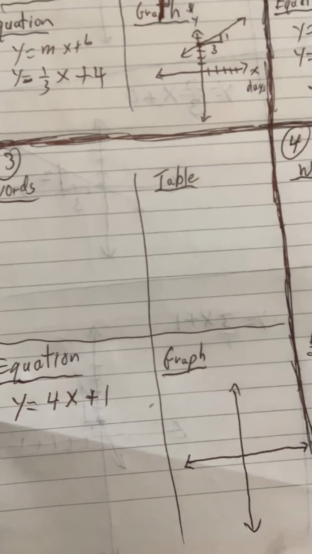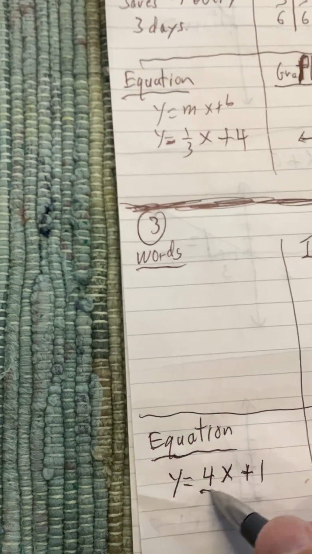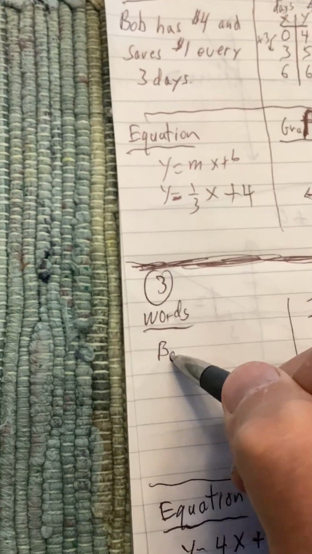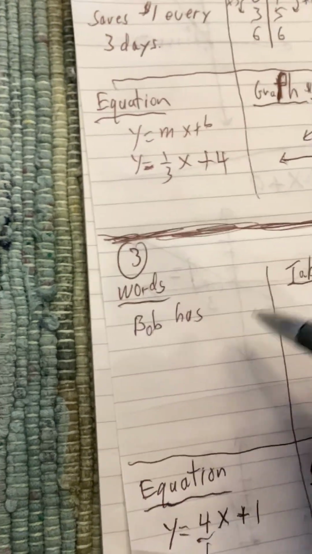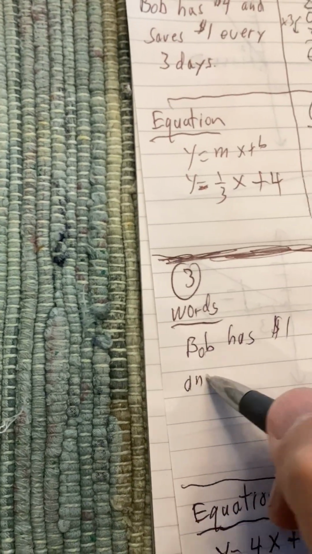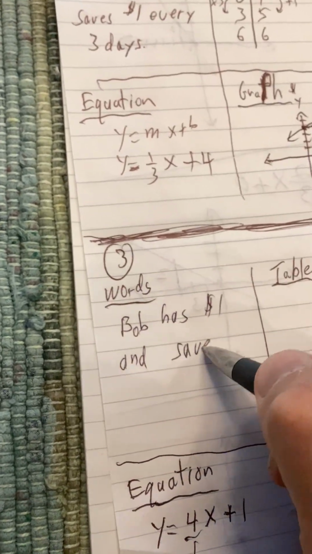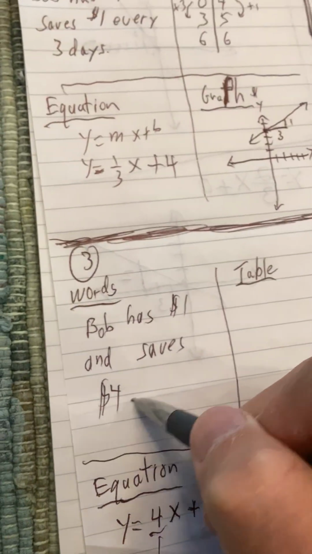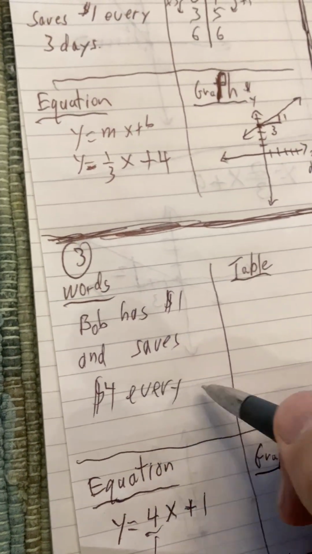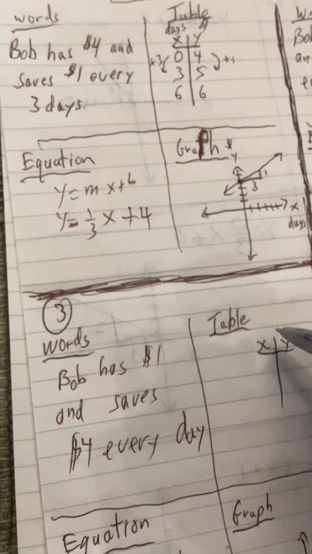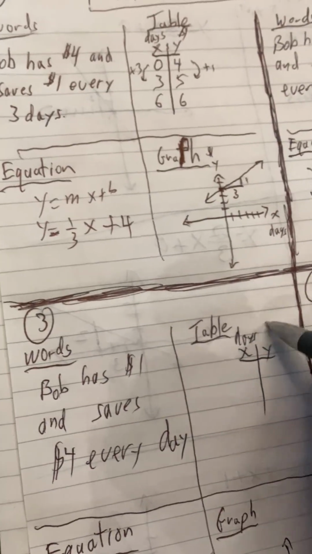So y equals 4x plus 1. I'll stick a 1 under here. So it looks like Bob has $1 and saves $4 every day. My table, days and dollars.